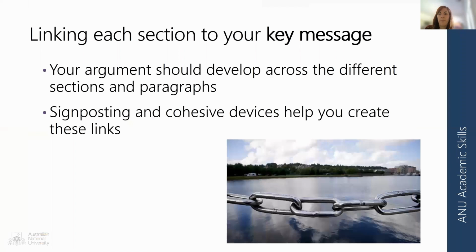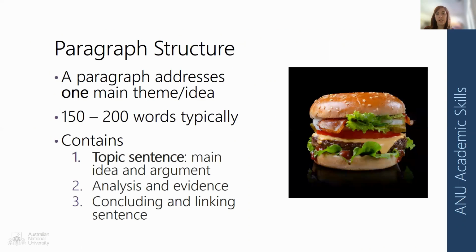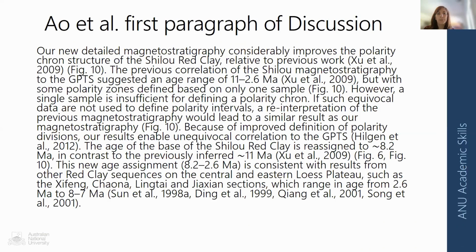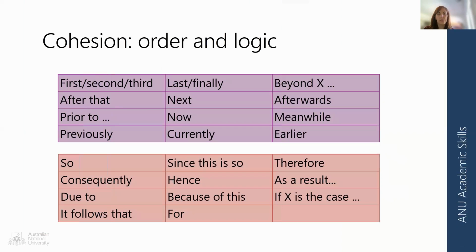Okay, so you want to make sure all of your sections are linked to your key message. That's nothing is very different. You haven't gone off topic. And that you're using signposting and cohesive devices to help you make those links, right? And so we've got those here.